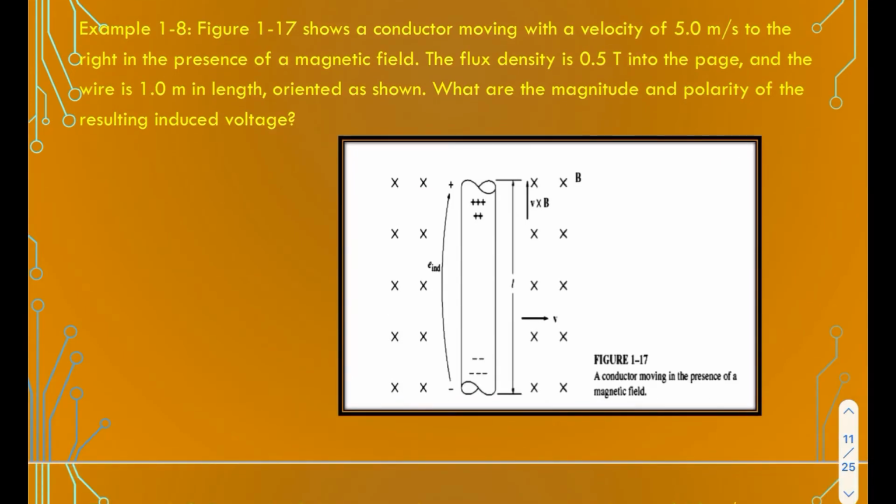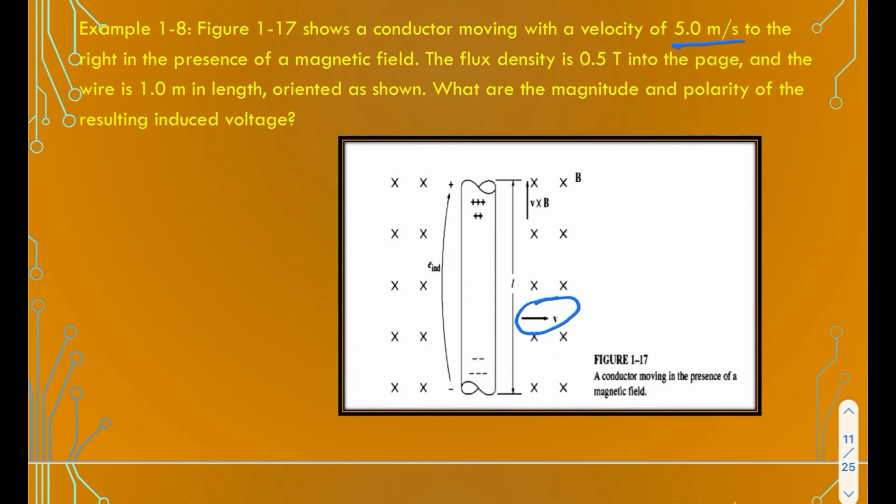Now let's solve an example here. Example 1.8. Figure 1.17 shows a conductor moving with a velocity of 5 meters per second to the right in the presence of a magnetic field. The flux density is 0.5 Tesla into the page.